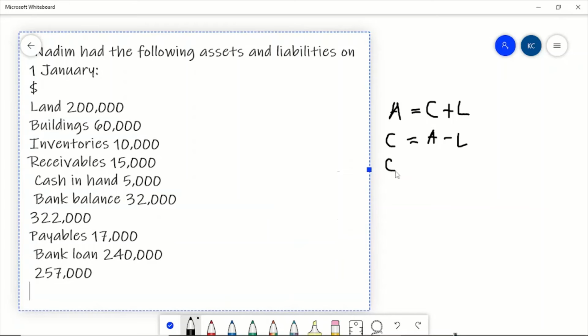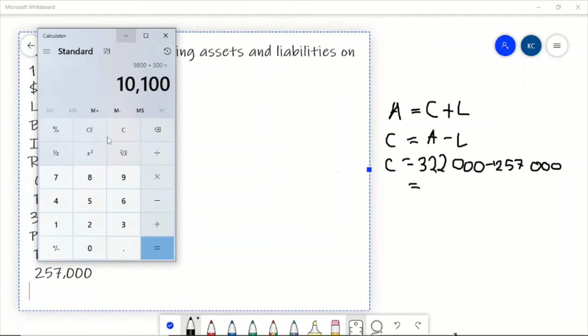So C, capital, will be, we have the assets, which are 322,000 minus the liabilities, 257,000, and then find the value for C.